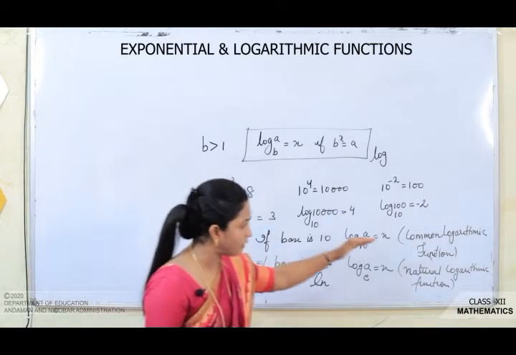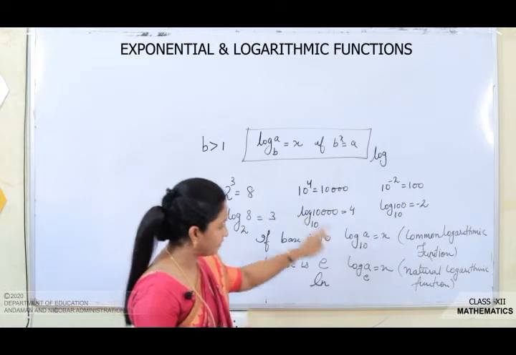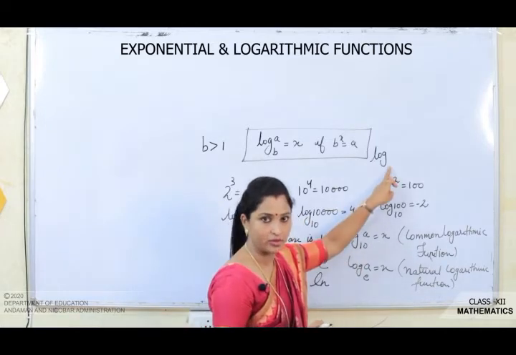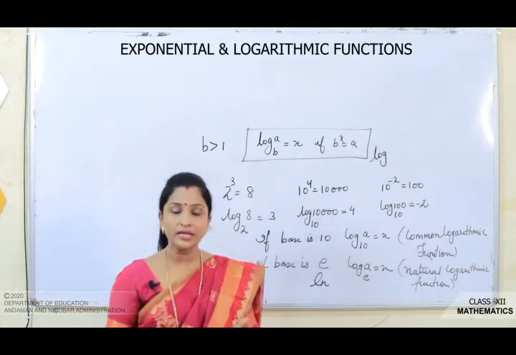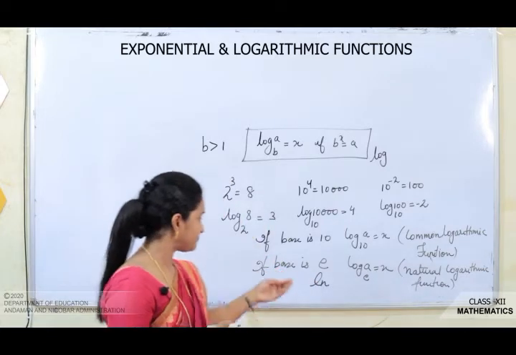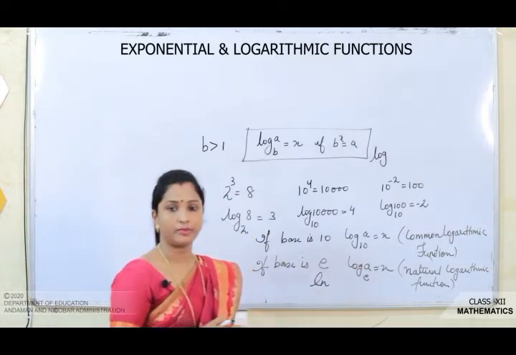Whenever they talk about common logarithmic functions, remember that they will definitely write the base as 10. Okay. If nothing is written, it means they are talking about the natural logarithmic function.